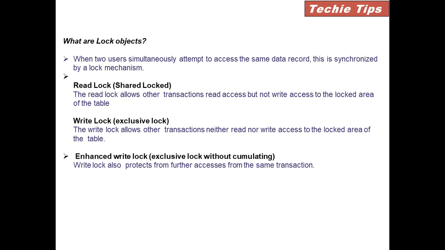What is write lock? Basically, it refers to an exclusive lock where one user is allowed to write the data into the table, but other users will be locked from write access to the database table. Enhanced write lock is basically an exclusive lock without cumulating. Write locks also protect from further access from the same transaction. So lock objects basically play a very important role when you are updating the database table.